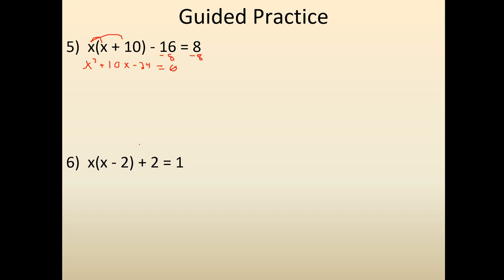So from here, two numbers that multiply to negative 24 and add to 10. Negative 1 and 24. That will add up to 23. Negative 2 and 12. That adds up to 10. So my numbers are going to be x minus 2 and x plus 12.